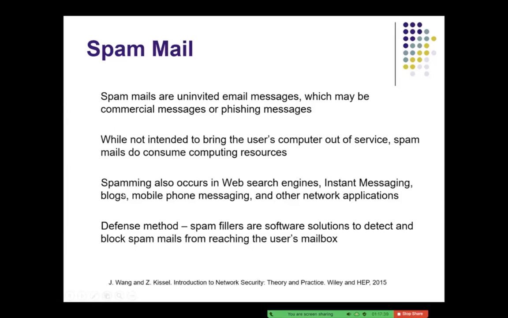Spamming also occurs in web search engines, instant messaging, blogs, mobile phone messaging, and other network applications. So the countermeasure is to use spam filters to detect and block spam mails from reaching the user's mailbox.